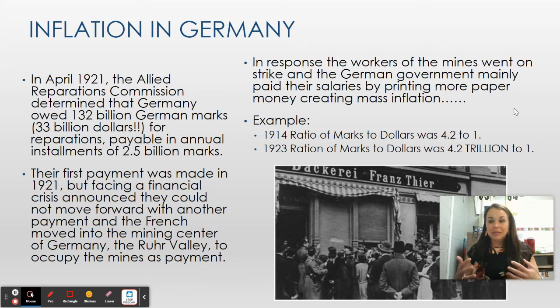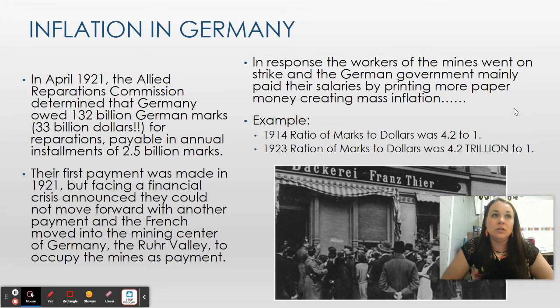So their ability to truly produce at the level they needed in order to make these payments had been stripped from them. And so their solution, unfortunately, is just to print money. And so the inflation is going to become absolutely outrageous. The inflation in Germany in the 1920s is historic. I mean, seriously, it's one of the worst inflation stories of all time.